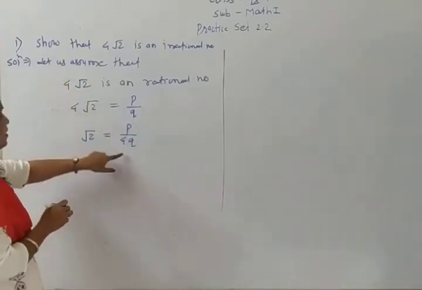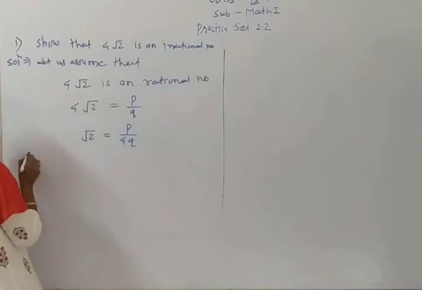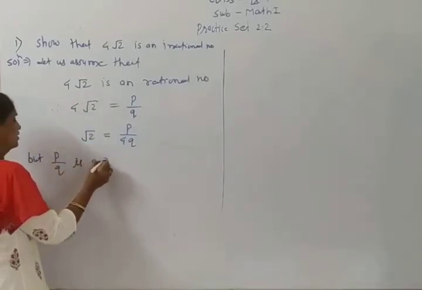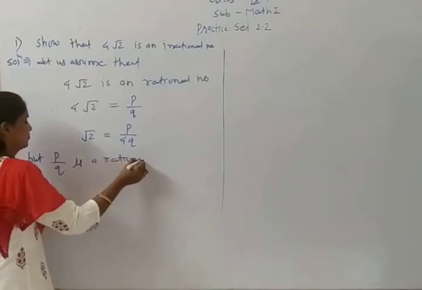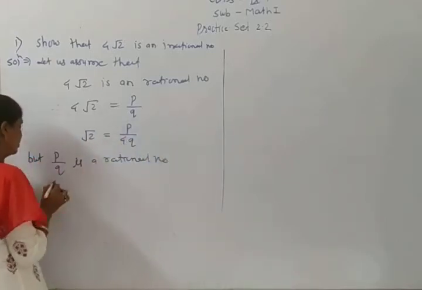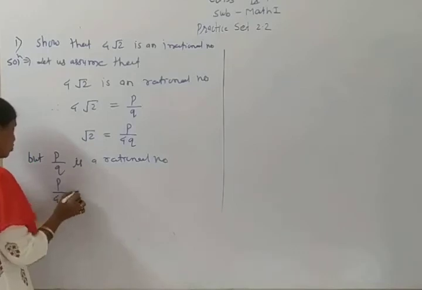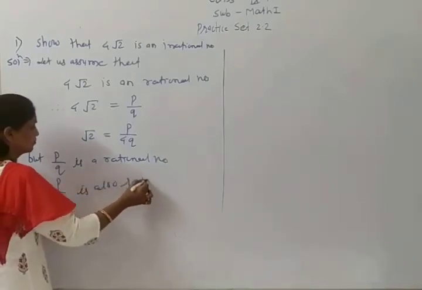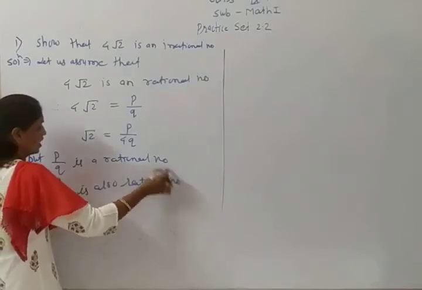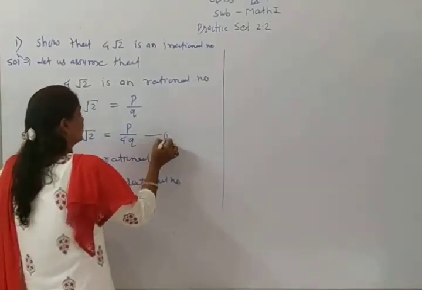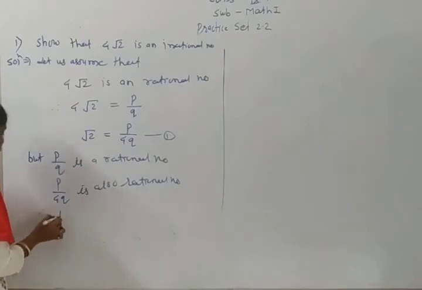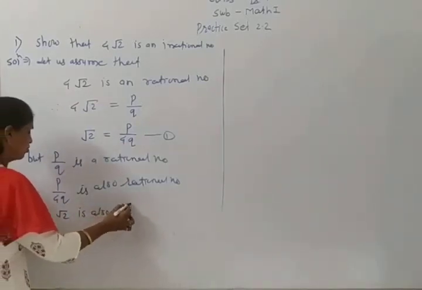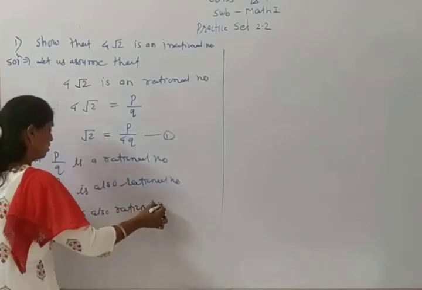Okay. But P by Q is a rational number. If P by Q is rational, then P by 4Q is also a rational number. And if P by 4Q is a rational number, then from equation number 1, root 2 is also a rational number.